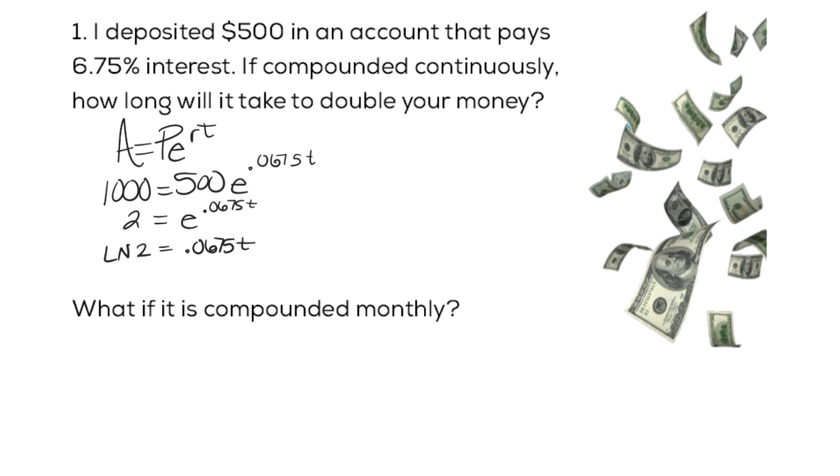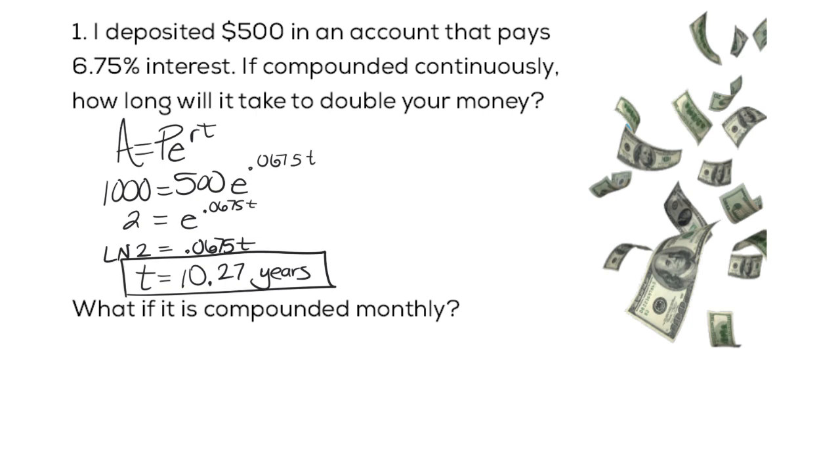So in my calculator, I'm going to just do a natural log of 2, and I'm going to divide it by 0.0675. And I have my t is equal to 10.27. And that would be measured in years.